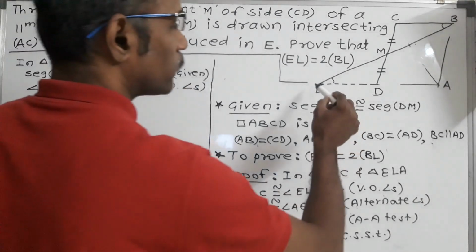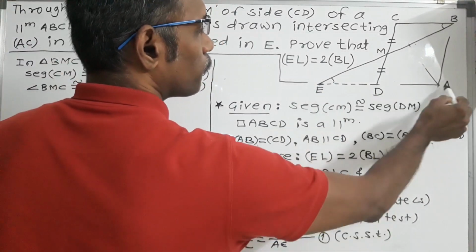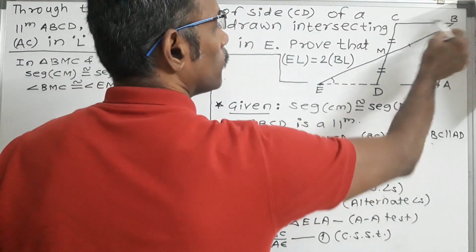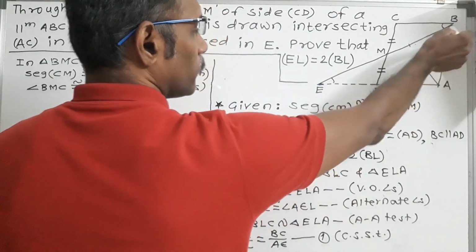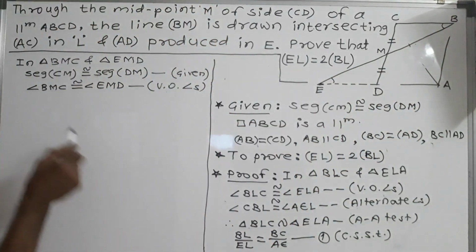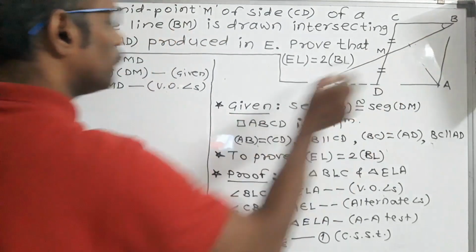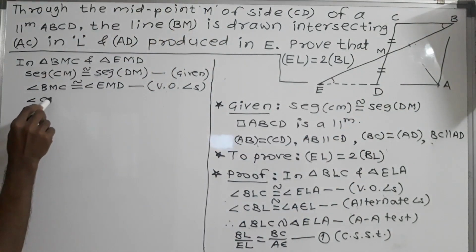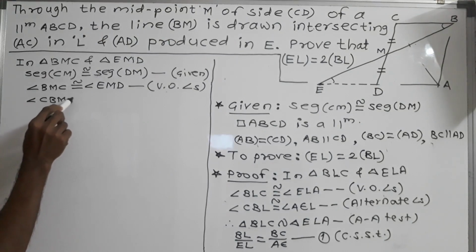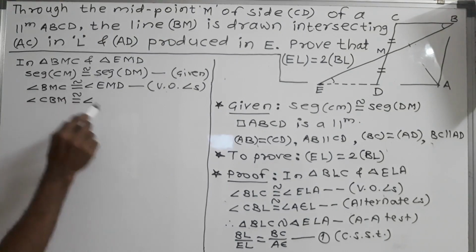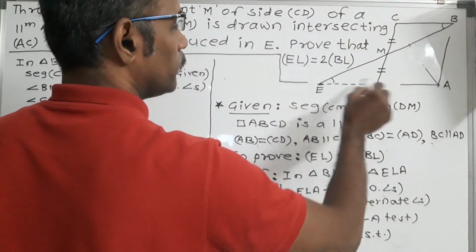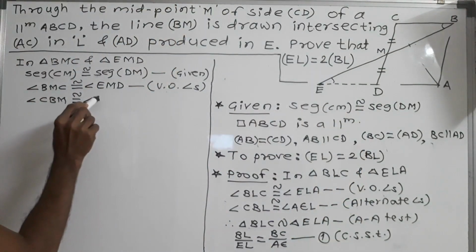Now we know that AE is parallel to BC and this is a transversal. Therefore angle CBM is congruent to angle DEM.